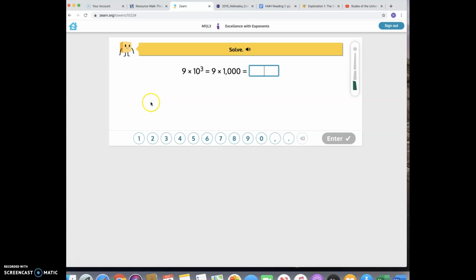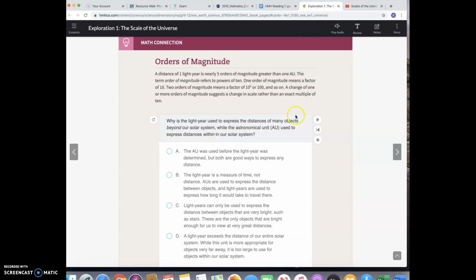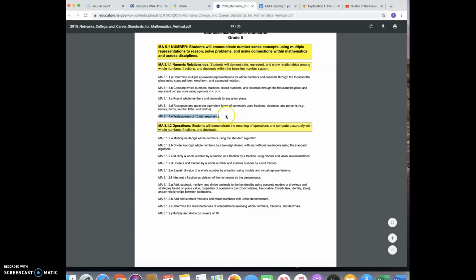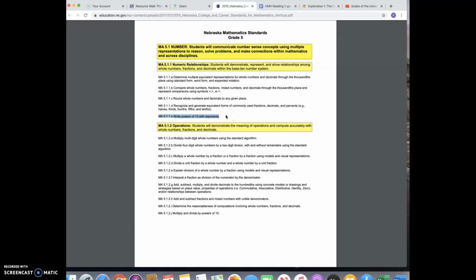So in terms of work for my class, this would be a great review in trying to get the students to understand what they mean when they're talking about orders of magnitude and 10 to the second. And that would actually go back to this 5th grade standard here, where it's talking about powers of 10 with exponents.